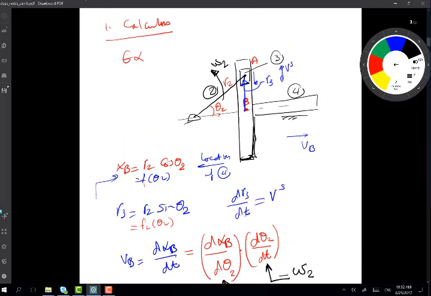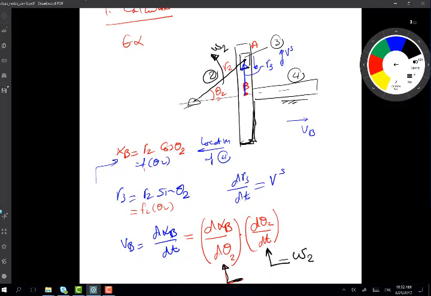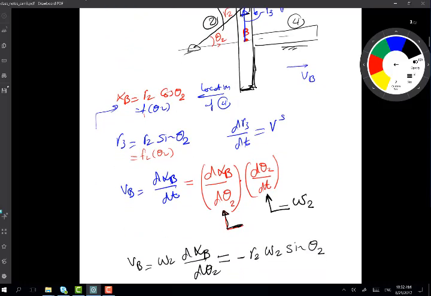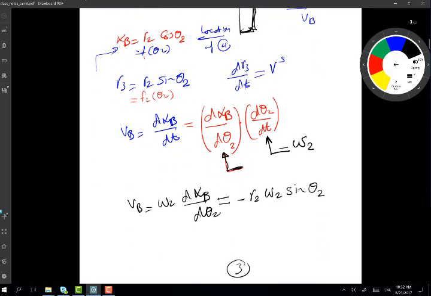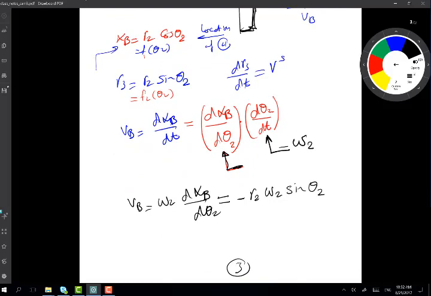Because as you see in this example, if the crank rotates counterclockwise, theta 2 is going to increase. So the rate of change of that is positive because the variable is increasing. I measure all my angles from the positive x direction as agreed before, and this will apply to all angular velocity.